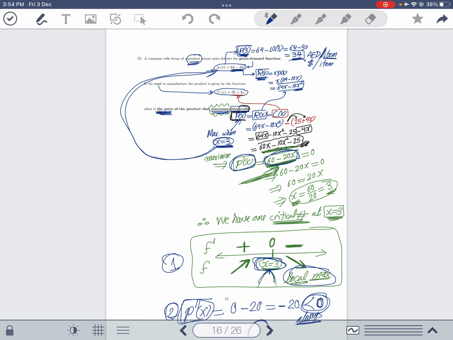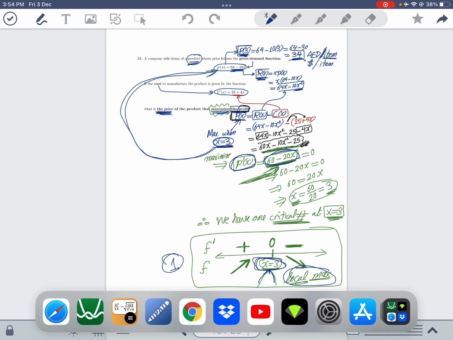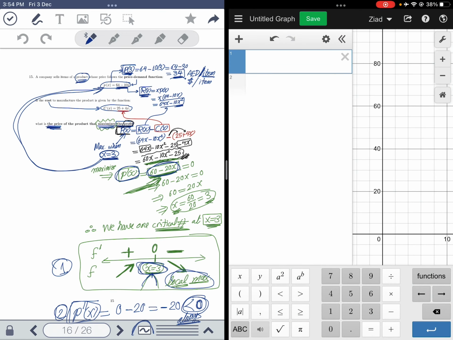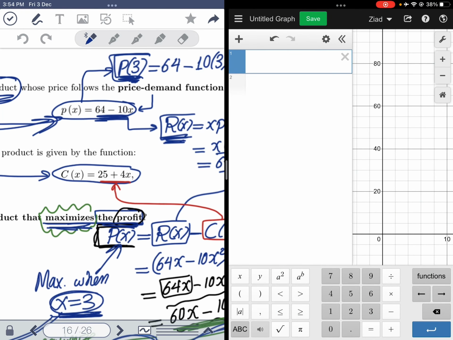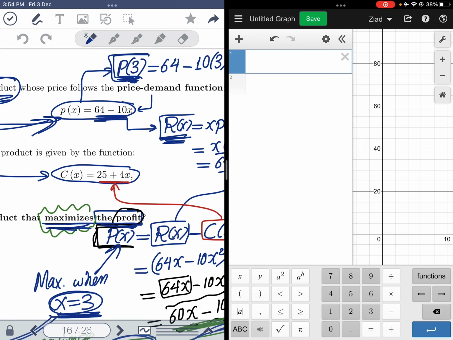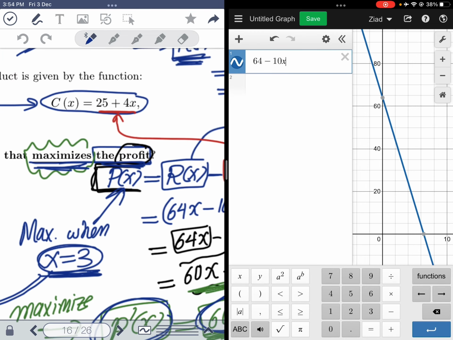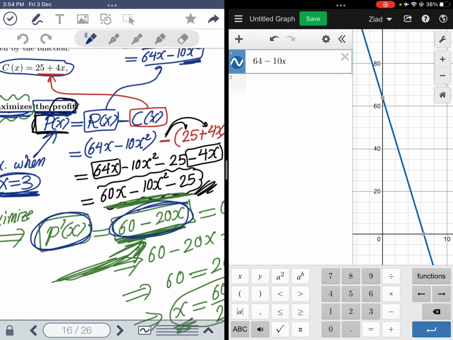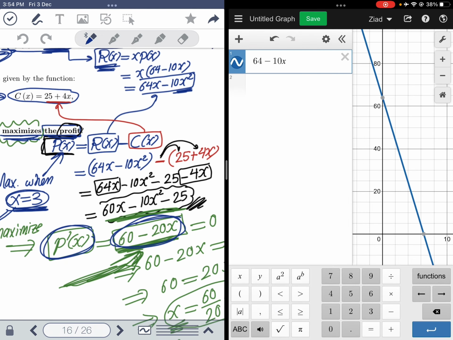Okay, but that's nice. Now let's just check our answer with Desmos so you see it really. So first, the price function is 64 minus 10x. It's a line, yeah? And in blue. Perfect. The cost function, here first we need the profit really. We don't need to graph the revenue or the cost.